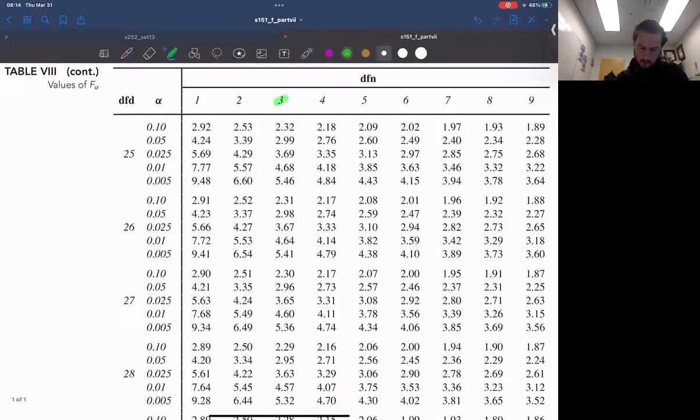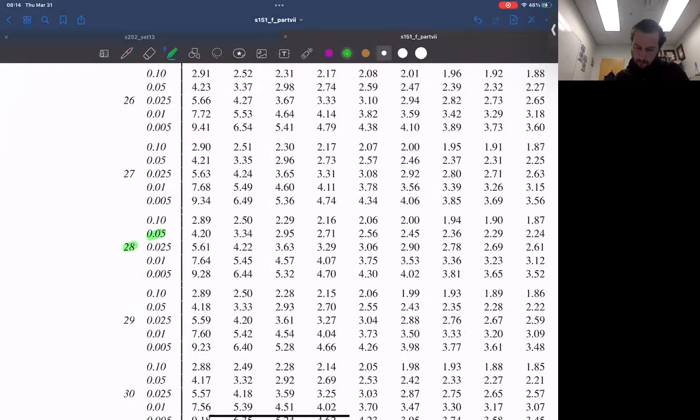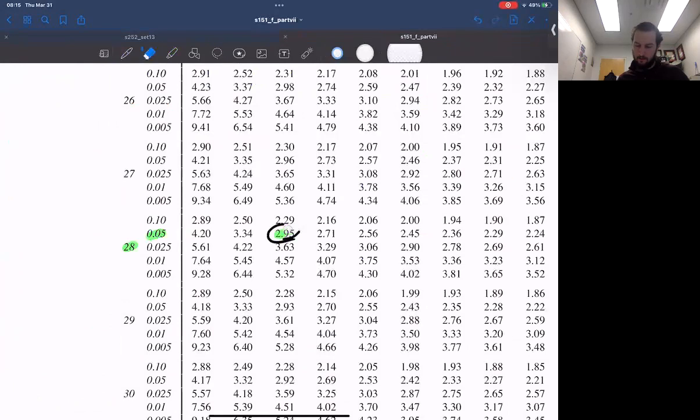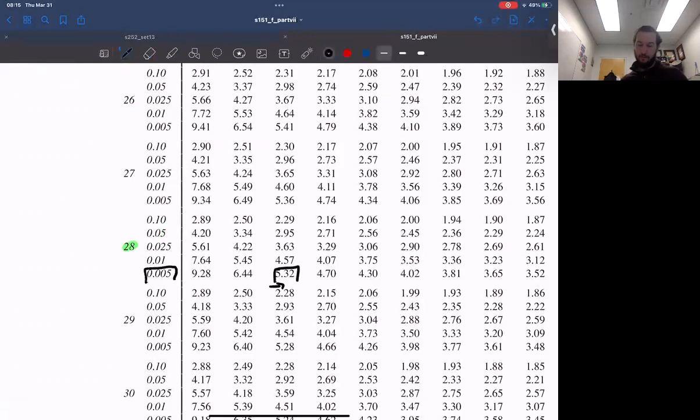Here's 3, here's 28, at 0.05 we get 2.95. That's my critical value. If I was to take the p-value approach, hopefully it's obvious that our test statistic is much larger than the largest listed critical value, which means that the p-value is going to be less than 0.005.